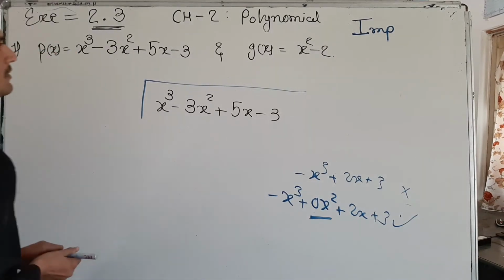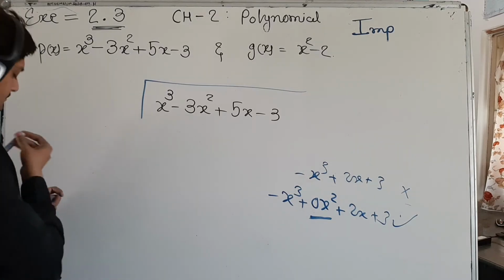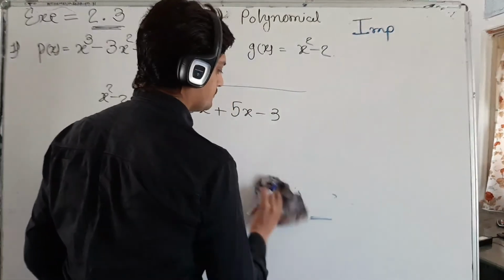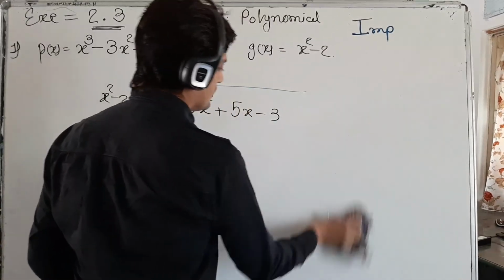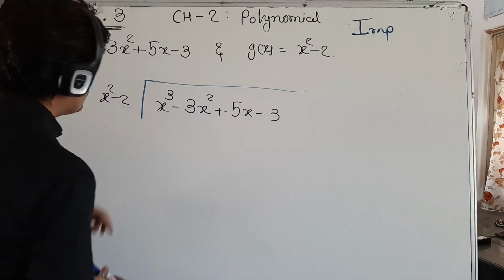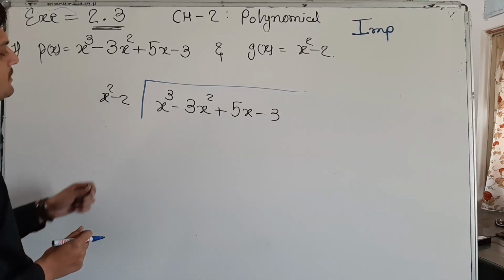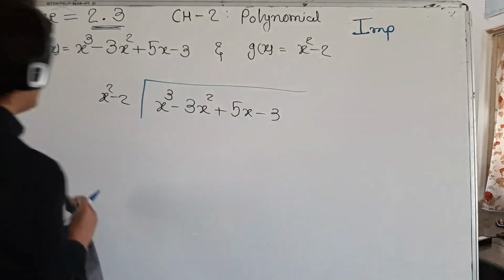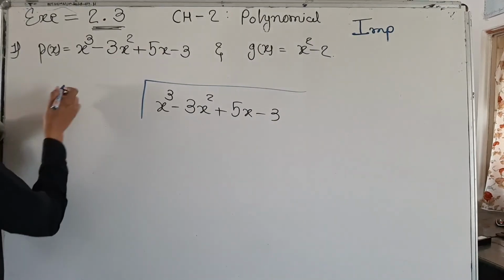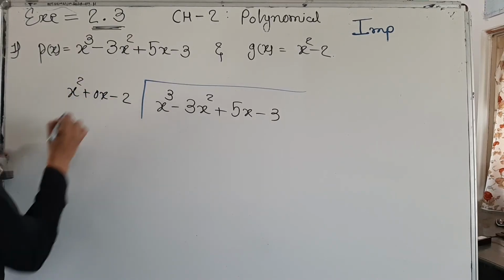Okay, so now outside what will we write? We will write x square minus 2. See, that is x square, and the x term is not given, so you have to add the x term yourself, as I just told you. So x square plus 0x minus 2, like this.